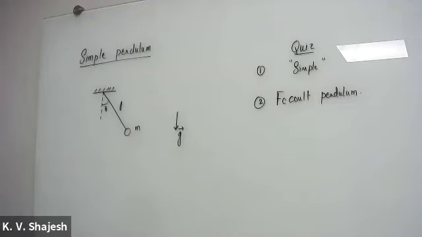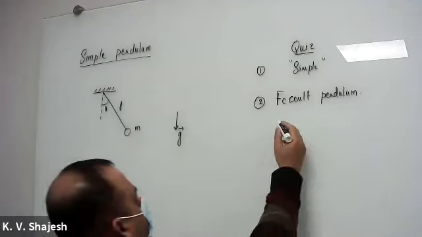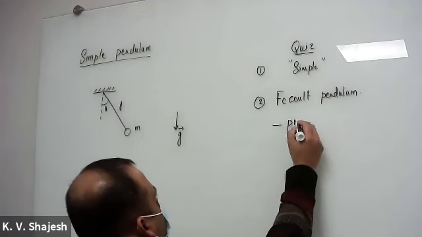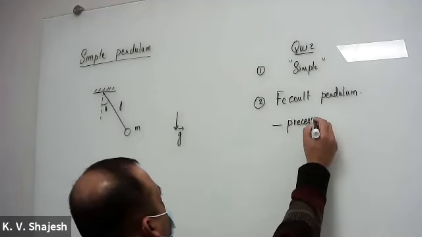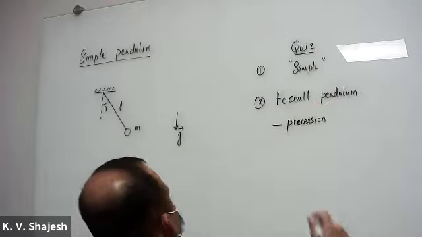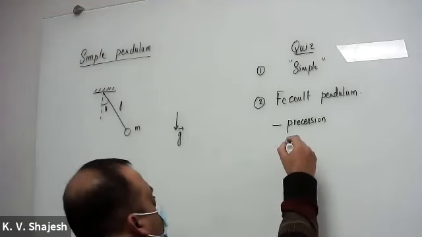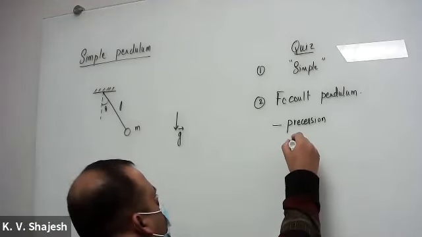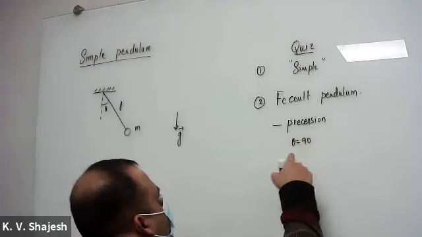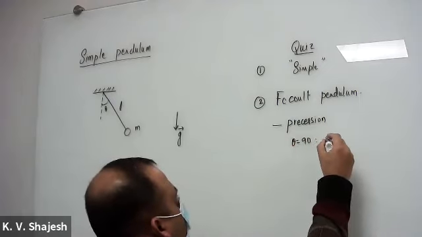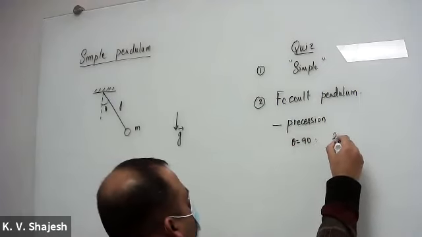So there is a precession angle, right? So the Foucault pendulum leads to what is called precession angle or precession rate. And if you're on the North Pole, so let's say theta is equal to 90 degrees, that's the latitude, then it is exactly 24 hours.